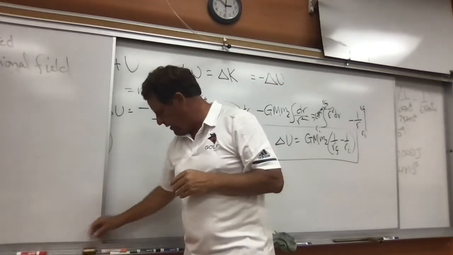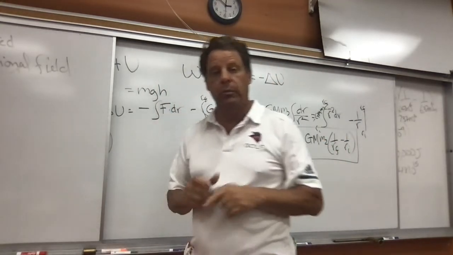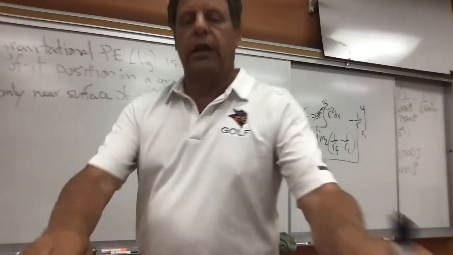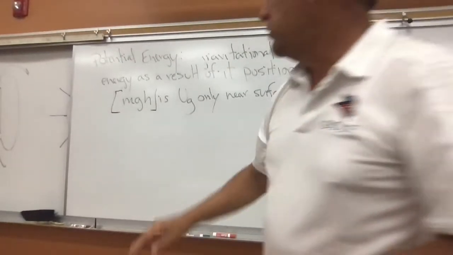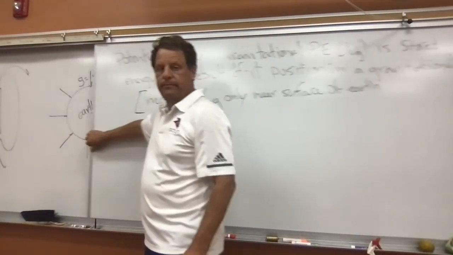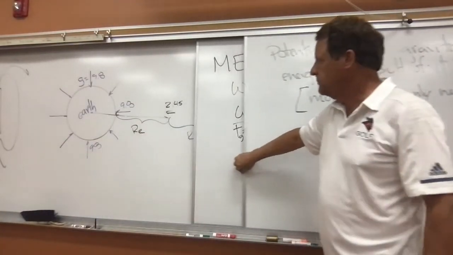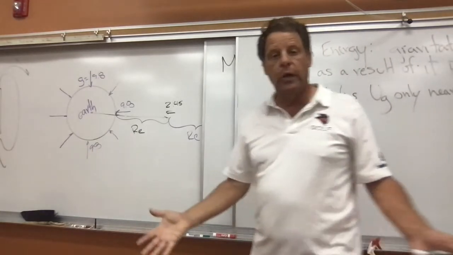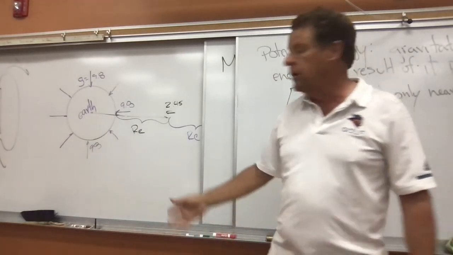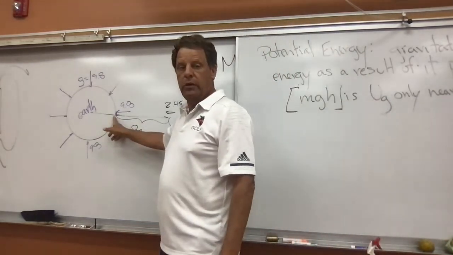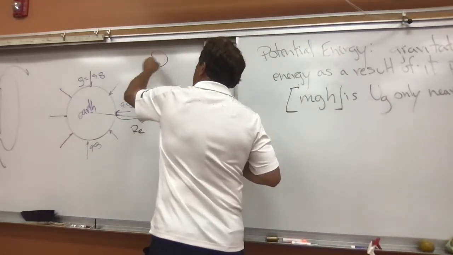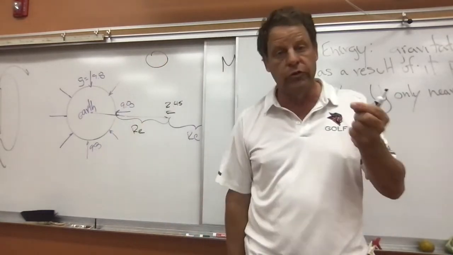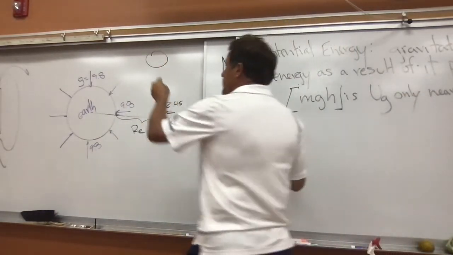But, okay, when we start talking about the universe, right? Let's get our picture of the Earth here, okay? Now, when it comes to the Earth, where do we make H equals 0, okay? Do we make it on the surface of the Earth? Well, what if we're talking about the moon? What if we have the moon up here? Is our H equals 0 going to be at the surface of the Earth?